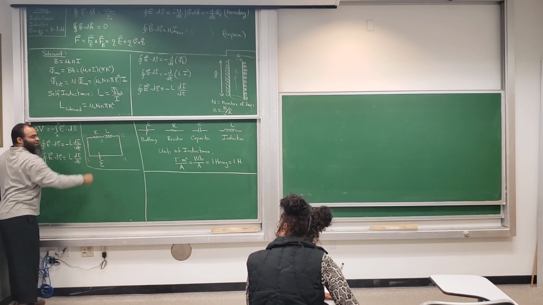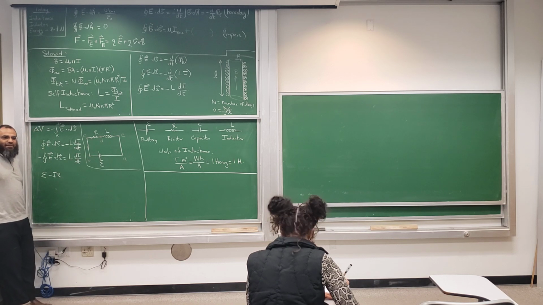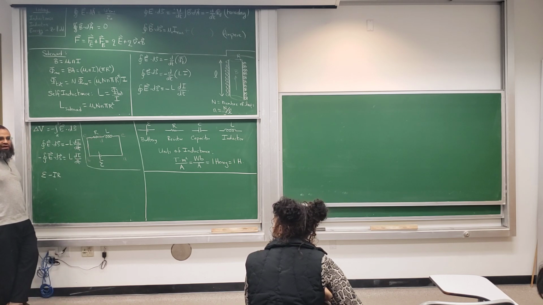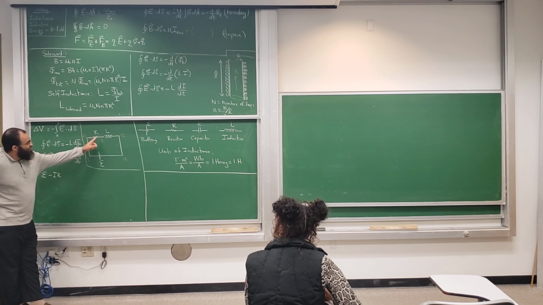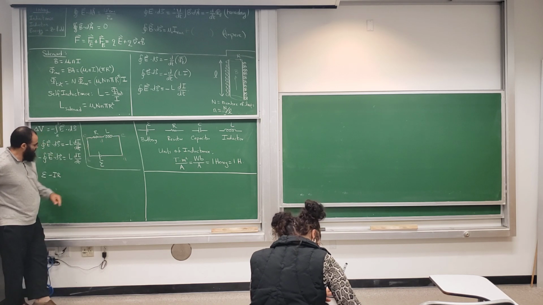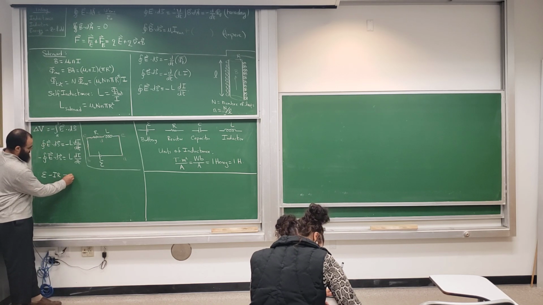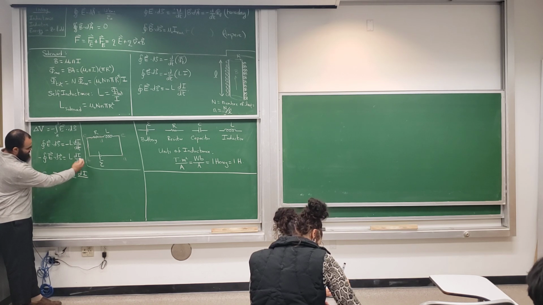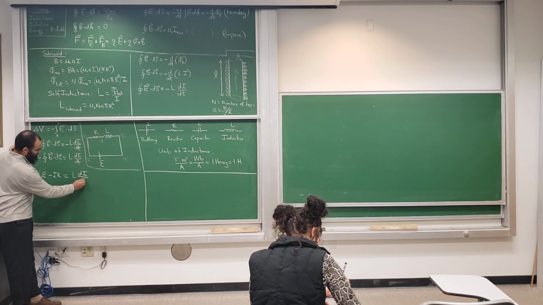Got an inductor. What's the electric field in it? Inside the wire, 0. So what's E dot ds there? 0. How about from E to A? 0. So that's the left side. This is the right side.